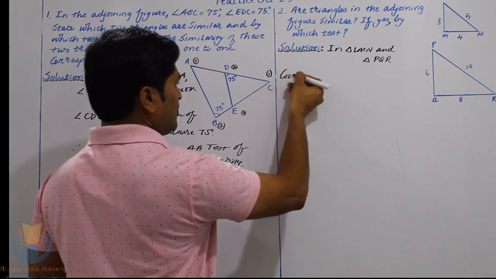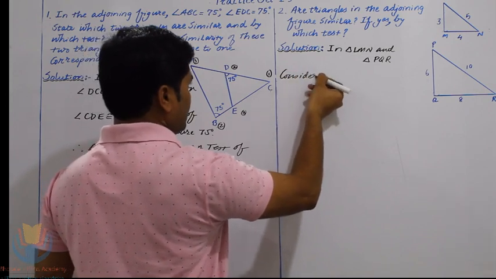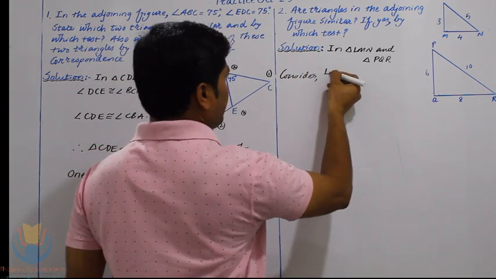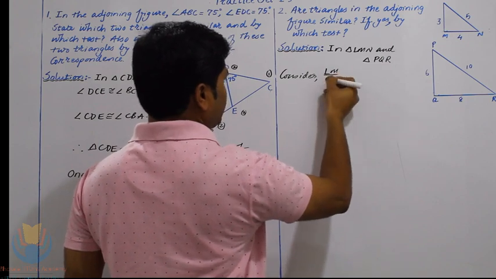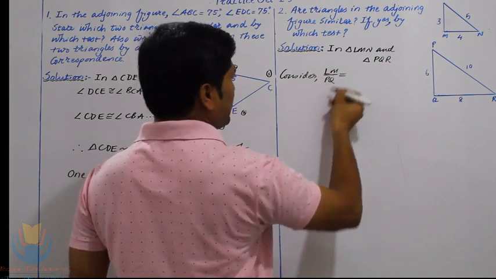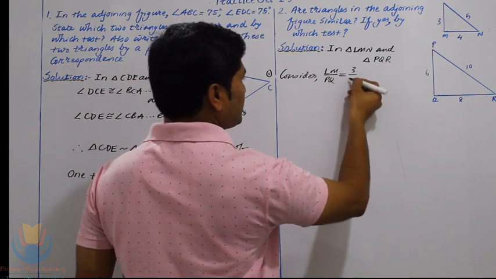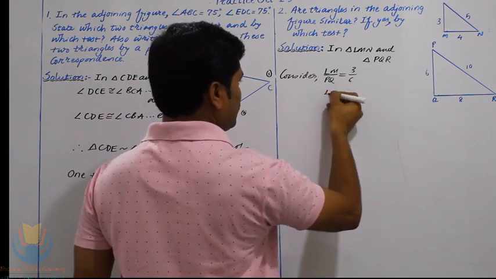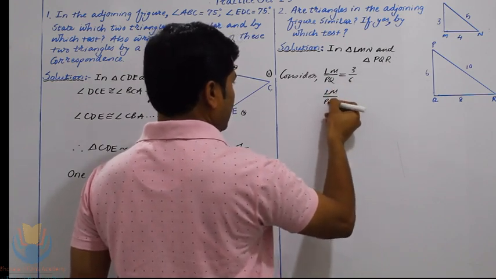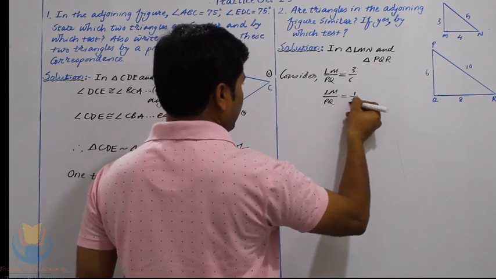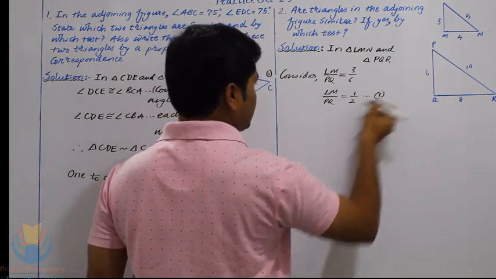So we will consider LM upon PQ, which is equal to 3 upon 6, which is equal to 1 upon 2. Let's say this is equation number 1.